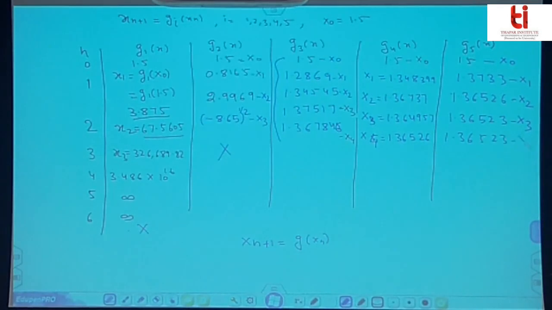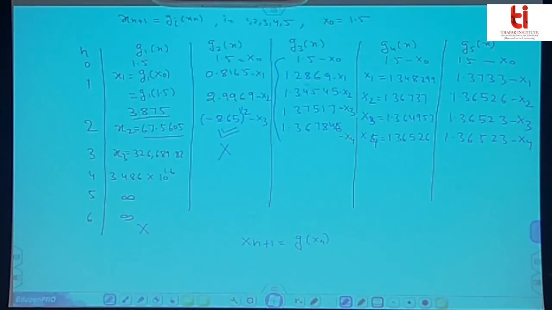Now let's compare all these sequences. In g1 we are getting a divergent sequence. In g2 we are not able to get a real fixed point, it is going to be an imaginary number. Now compare g3, g4, g5.